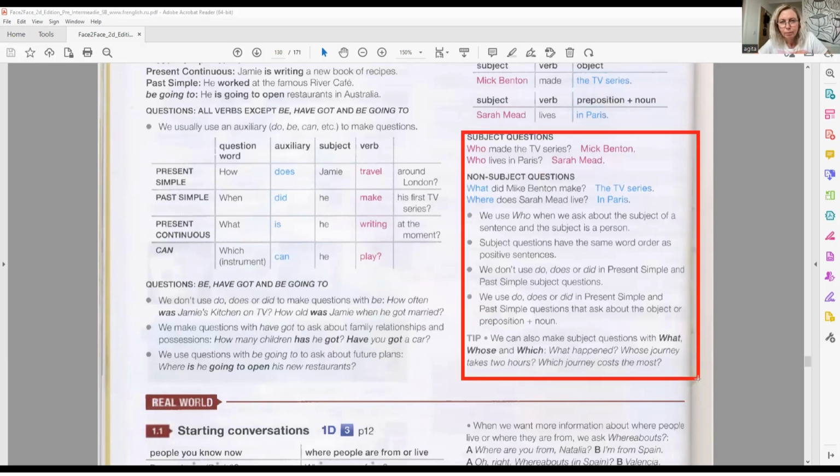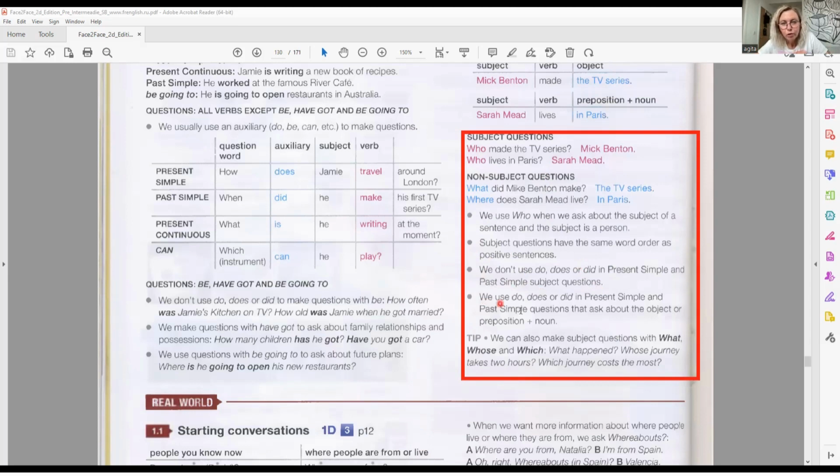So I want you to read for me, please. We use who when we ask about the subject of a sentence, when the subject is a person. Very good. Subject questions have the same word order as positive sentences, which is subject, verb, object. We don't use do, does, or did in present simple and past simple subject questions.